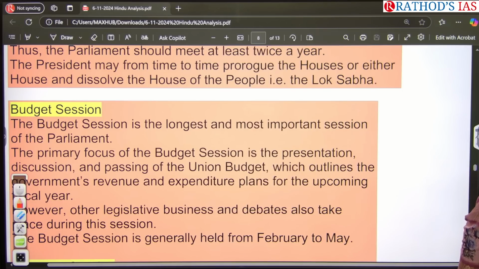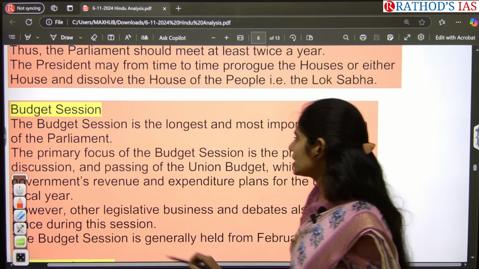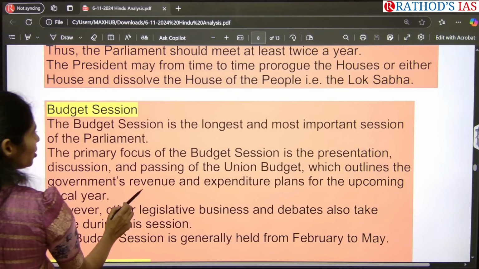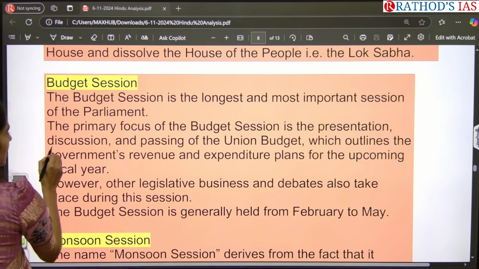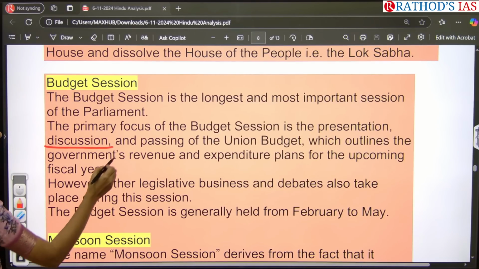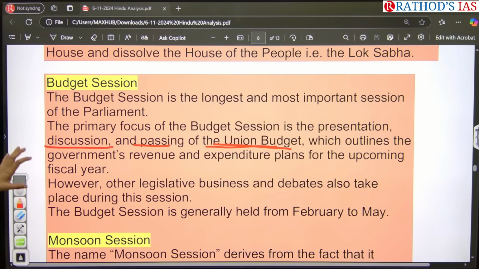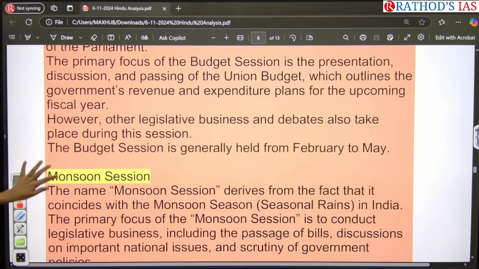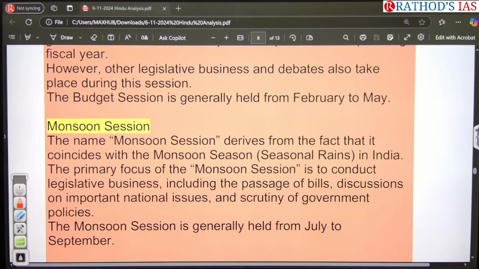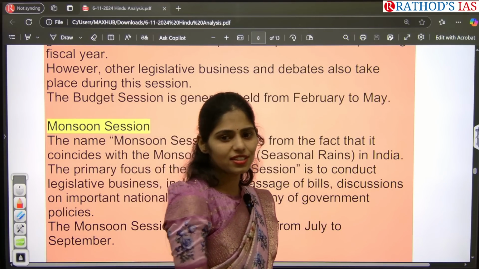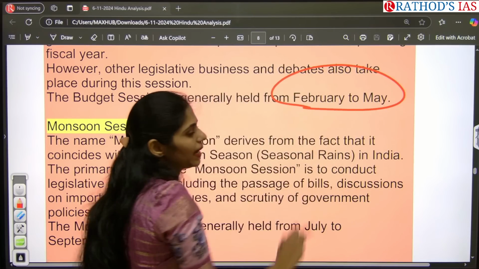Expenditure and revenue. Okay, so the primary focus of this budget session is the presentation, discussion, and passing of our union budget, that is related to our revenue as well as expenditure plans for the next 1 year. Normally this budget session starts on February 1st till May.